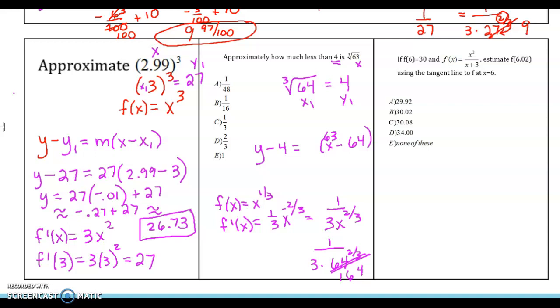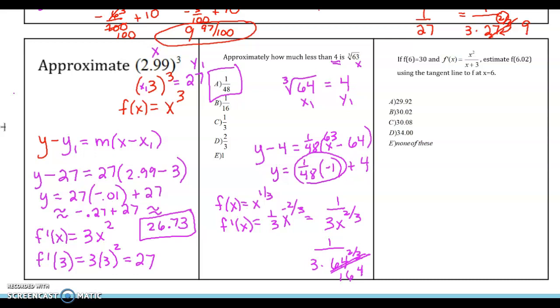So 1 over 48. Which, boom. That's what we're going to end up doing, but I'll show you. So y equals 1 over 48 times negative 1, plus 4. So we're going to end up subtracting that 1 over 48.